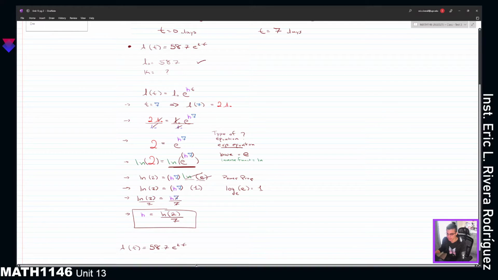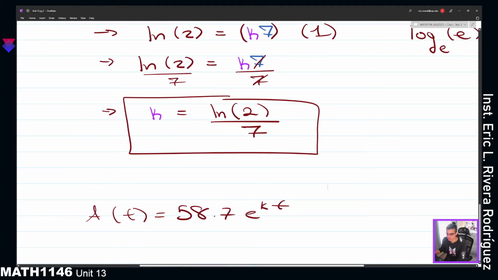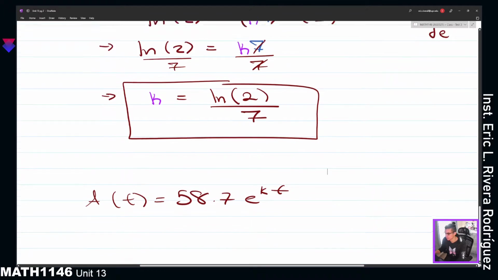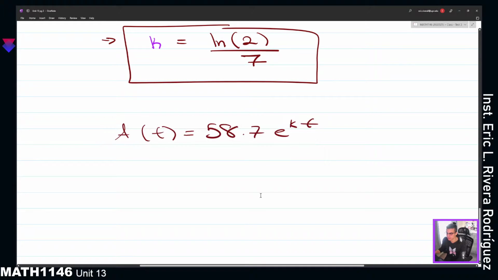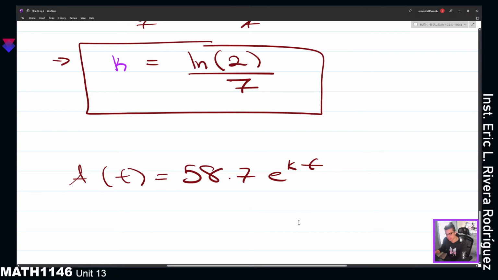And again, this is not going to look nice, because the value of k now is a fraction and k is in the exponent, and also k is being multiplied by t. So I will try to do my best.